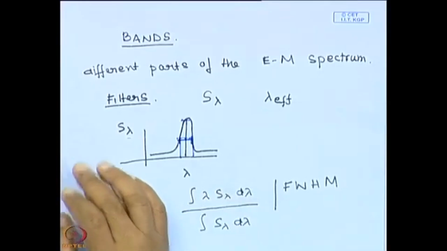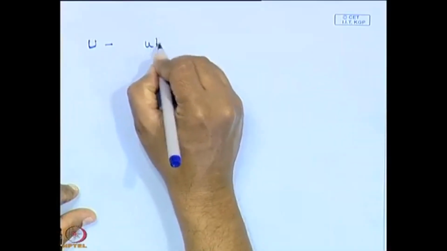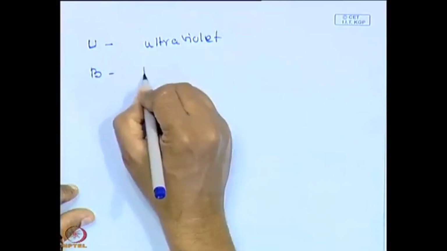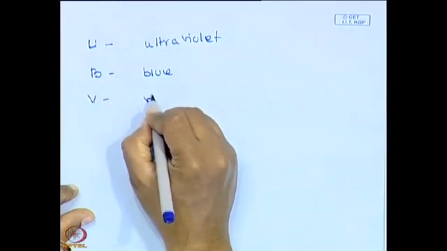It is referred to as the UBV photometry. U stands for ultraviolet. So let me discuss this. U is ultraviolet, B is blue, and V is visible.